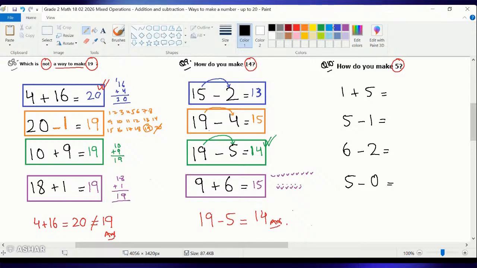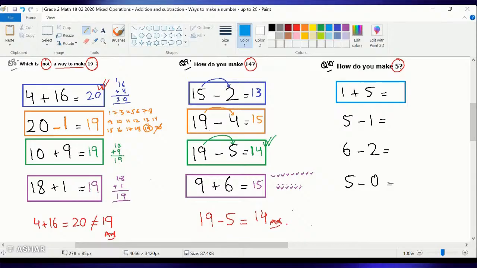We know that 1 plus 5, when 1 is added to any number, the next number is the answer, right? Yes, 9 plus 6 is 15. So we only click on the option that is 14.